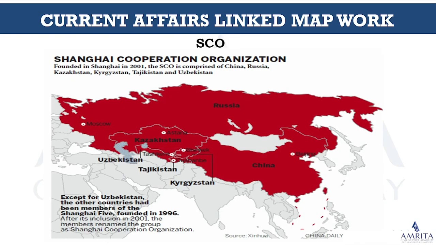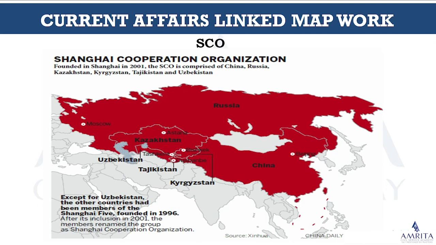Shanghai Cooperation Organization is frequently in news. Shanghai Cooperation Organization actually founded in Shanghai in 2001. SCO comprised of these states, that is China, Russia, Kazakhstan, Kyrgyzstan, Tajikistan, and Uzbekistan. That was the actual organization.